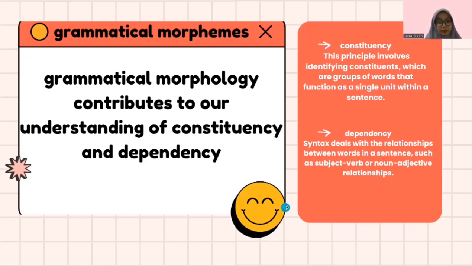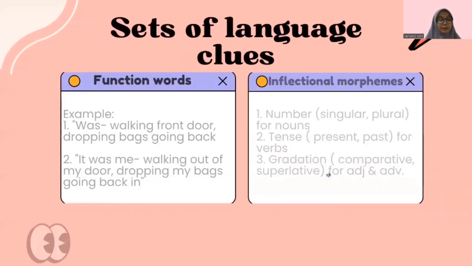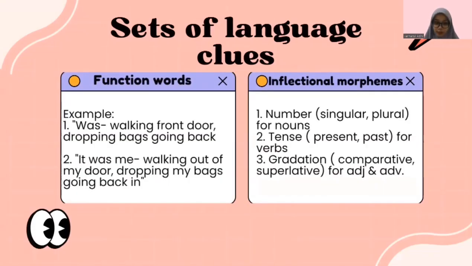And these grammatical morphemes provide us with two additional sets of language clues. The first is functional words. Functional words add grammatical information about the semantic relationships between other constituents in the clause.